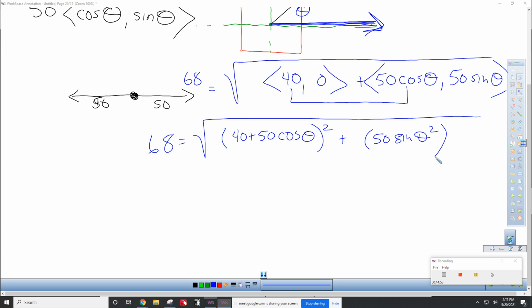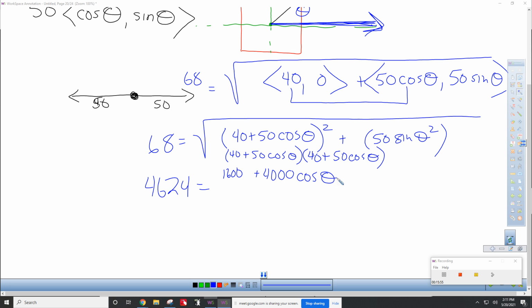Let's square both sides to start. So you get 4624 equals, when we square this, I've got to write this out. 40 times 40 is 1600, plus 2 times 40 times 50 is 4000 cosine theta.